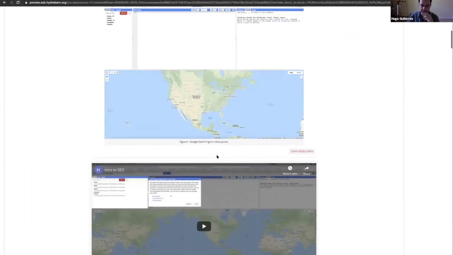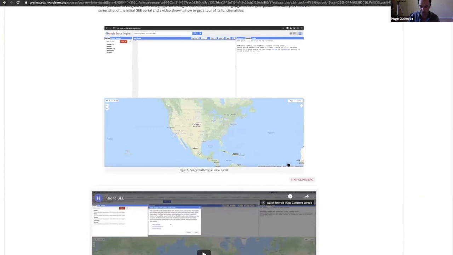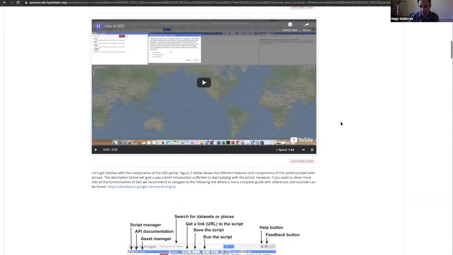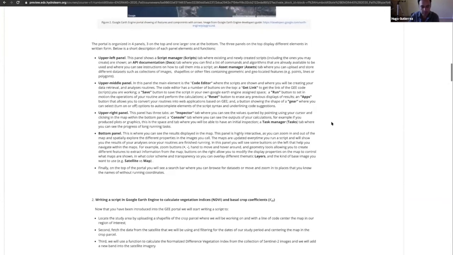And basically, we give them a nice introduction into some of the tools that we will be using, which is mainly two: Google Earth Engine to process the remote sensing data, and the Google Colaboratory to do some calculations using Python. So in this learning activity, we have very detailed instructions and videos introducing these tools.